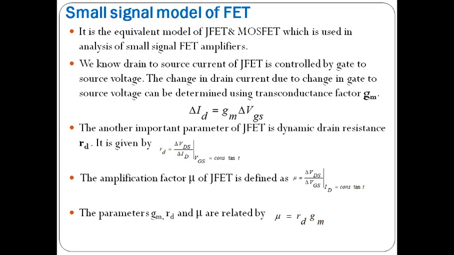These three are the important parameters of JFET. The relationship between them is: amplification factor mu equals dynamic resistance rd into transconductance gm.